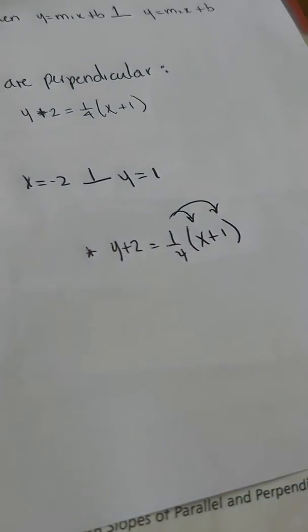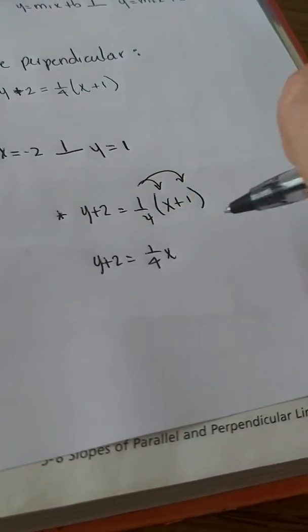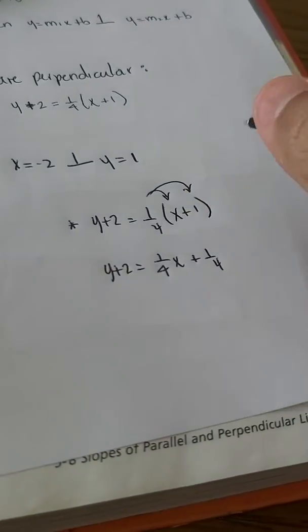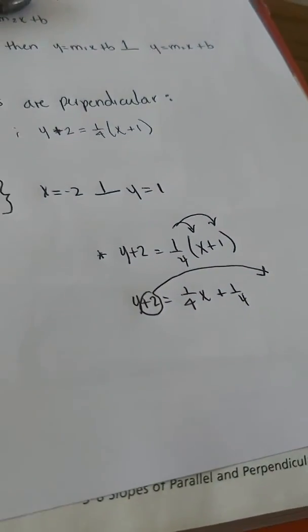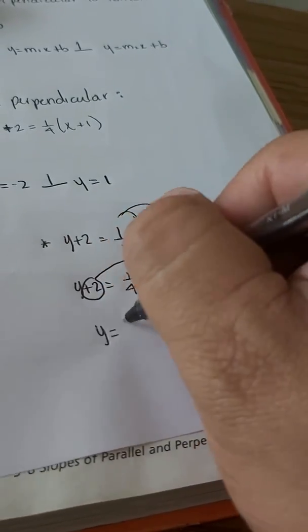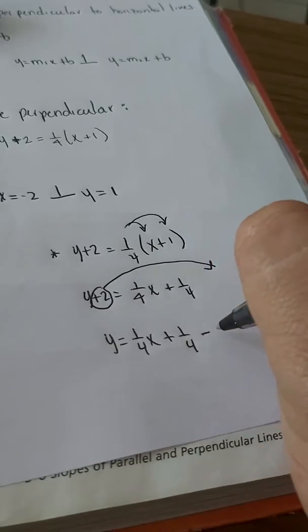We do the distributive property. Y plus 2 equals 1/4 x plus 1/4. Pass plus 2 to the other side, and we get y equals 1/4 x plus 1/4 minus 2.